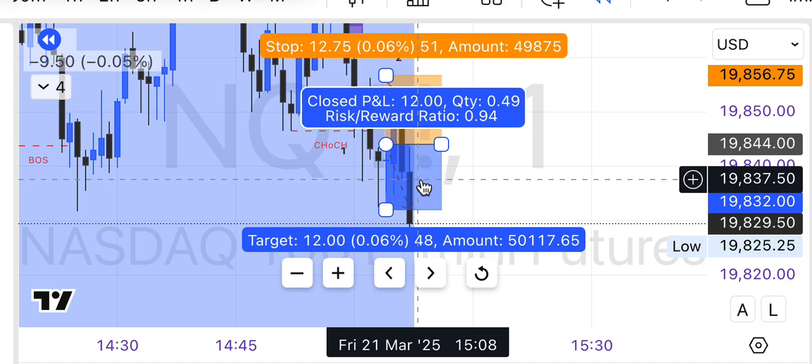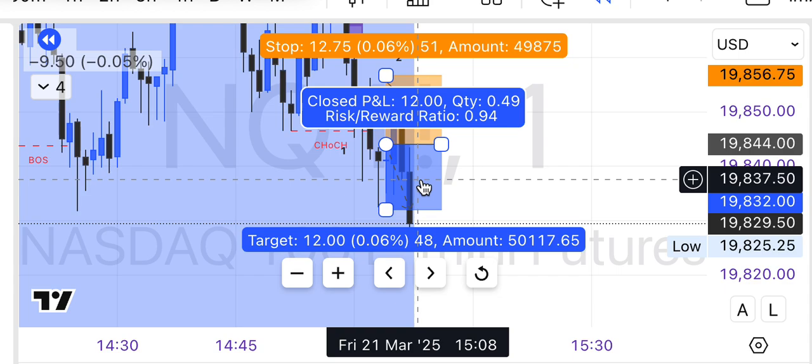If it's 1 micro, then you're looking at $0.50 for a tick, and I believe it's $2 for a point. So $24 trade for 1 micro, $48 for 2 micros.